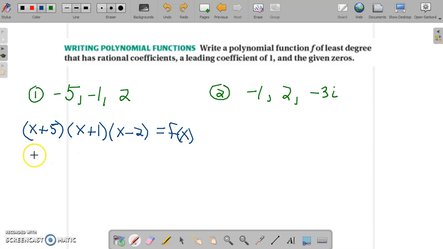If I multiply these first two together, we get x squared plus 6x plus 5.